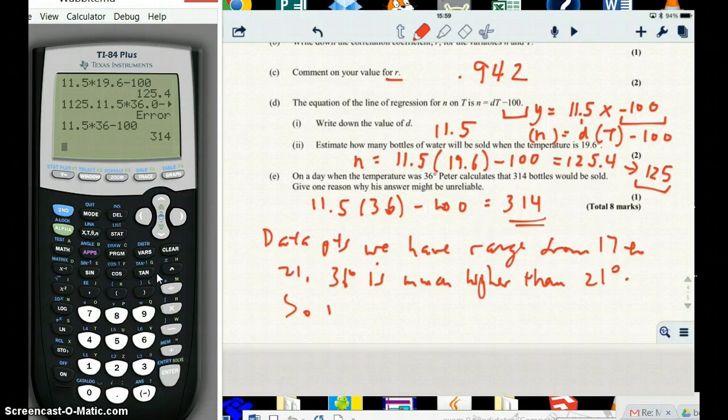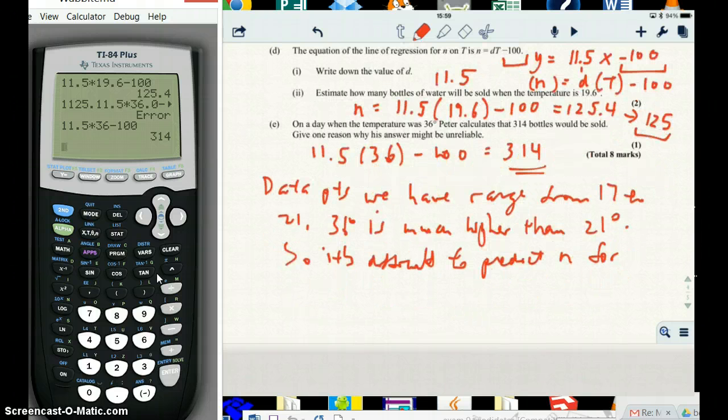So it's difficult to predict n for t equals 36 degrees. It's way out of our range. So that's what they want to know.